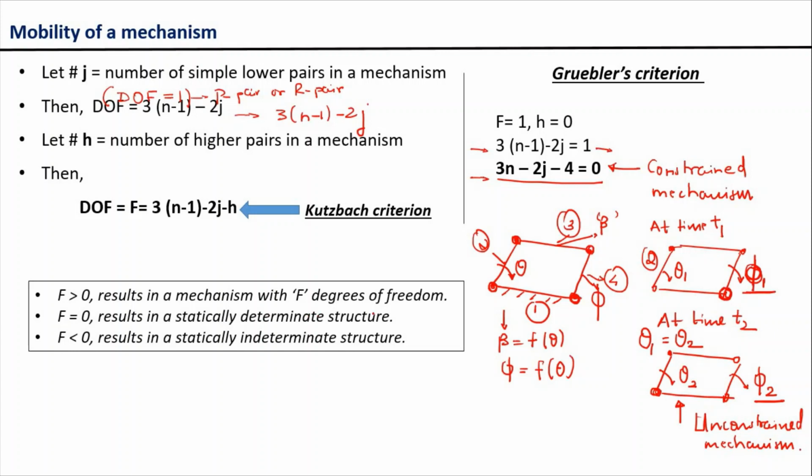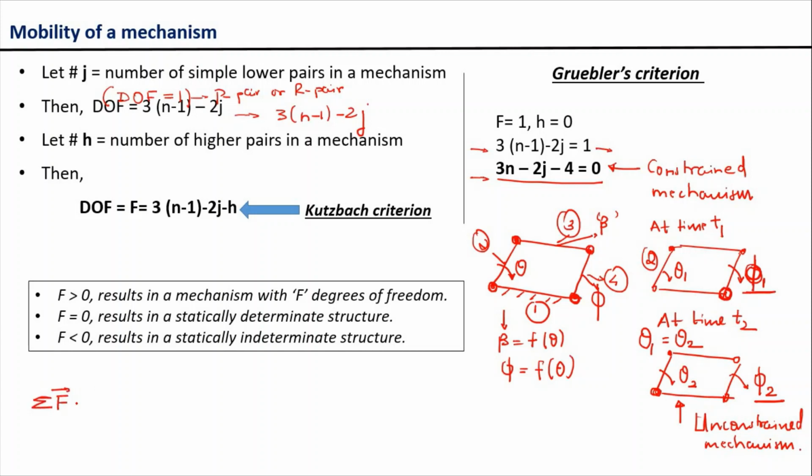Now what is a statically determinate structure? A statically determinate structure simply means a structure that is possible to solve using the equilibrium equations of motion. Now what are the equilibrium equations of motion?